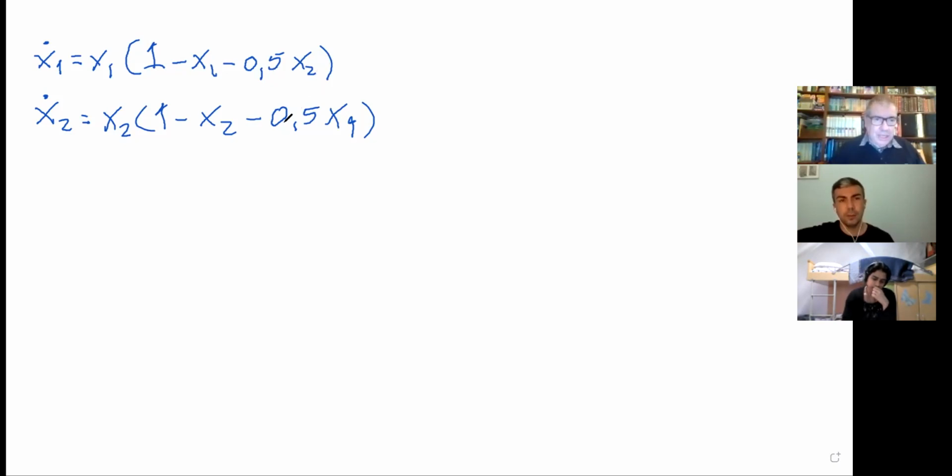Actually, when you have this, you have an equilibrium point which is asymptotically stable that corresponds to both x1 and x2 different from 0. If you make this number bigger than the coefficient of the interspecies, then the equilibrium point that corresponds to both being different from 0 is unstable. That's the principle of competitive exclusion.